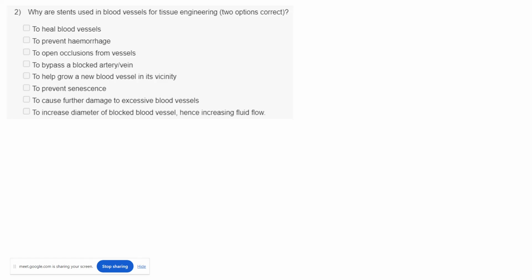You have to select two correct options here for stents that are used in blood vessels.